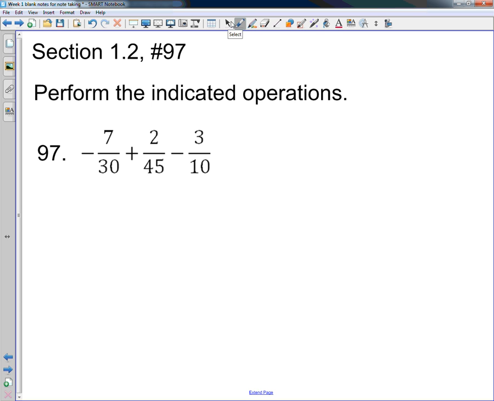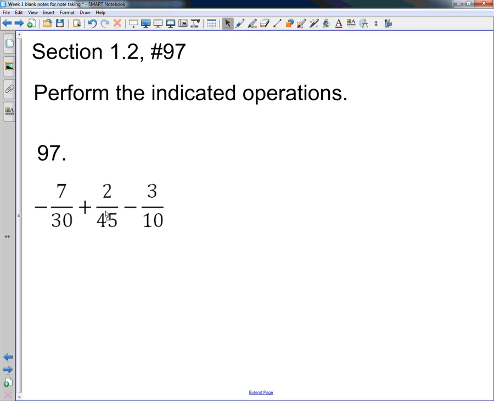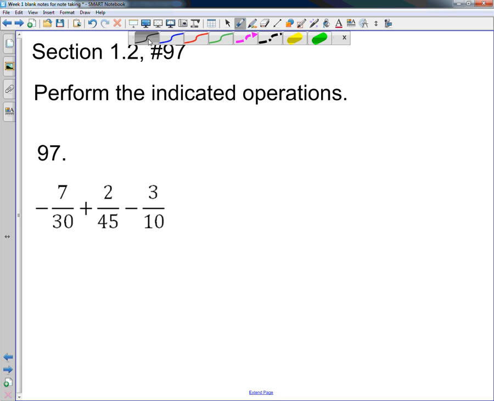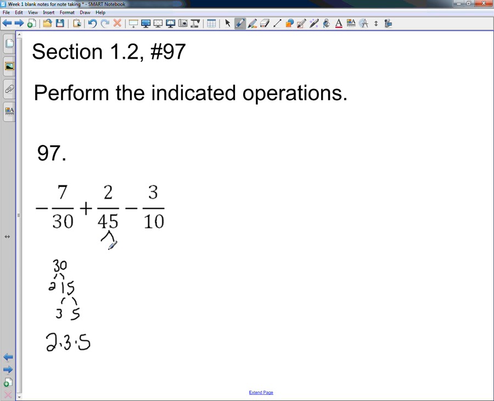I'm going to move this just to give myself a little room and try to get the problem done on 1. So I take 30, and it's 2 times 15 and 3 times 5. So I have 2 times 3 times 5. In my second one, I have 5 times 9 and 3 times 3.